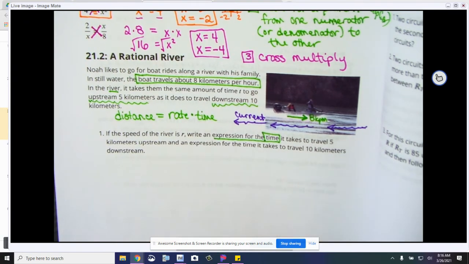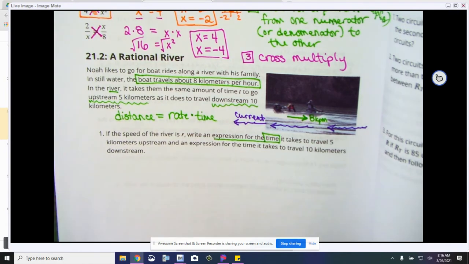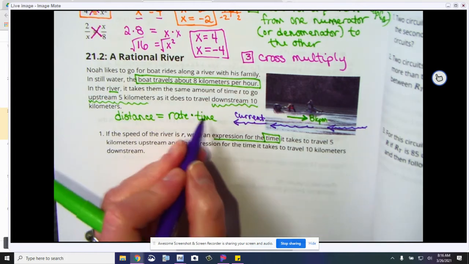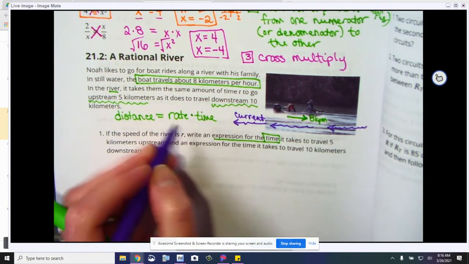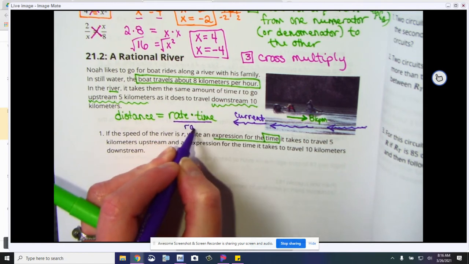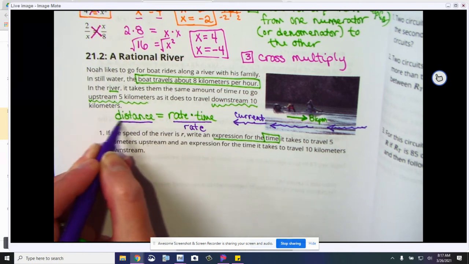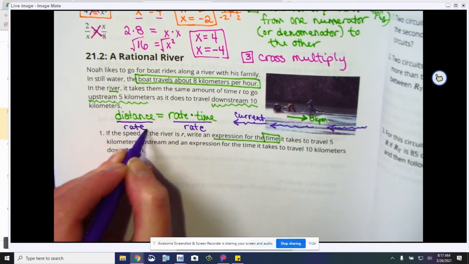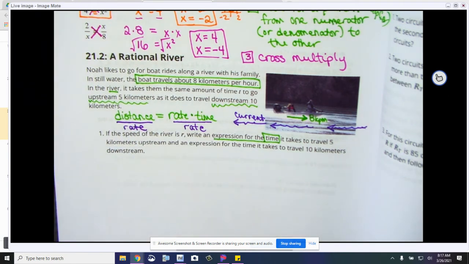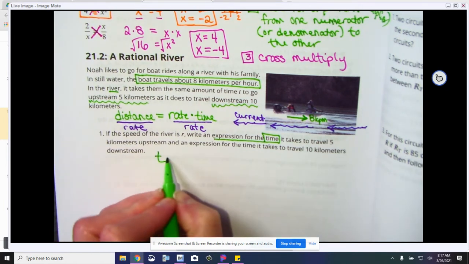So I want to get time by itself on one side of my equation. To do that in our formula, I would need to divide both sides by rate so that time is isolated.